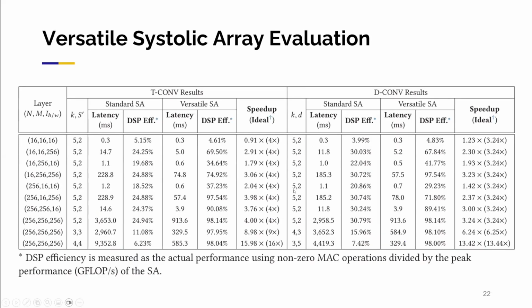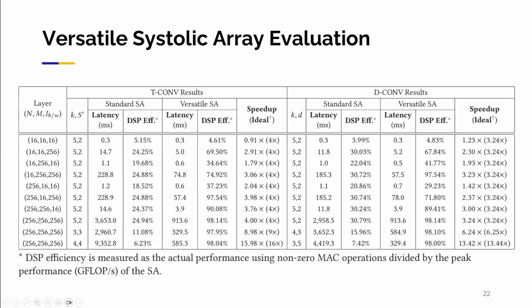Here is a more detailed evaluation of the versatile systolic array. So these are the problem sizes. For small problem sizes, they can be communication bound, so we don't have the expected ideal speedup of 4x; we even get some slowdown due to the added overhead.